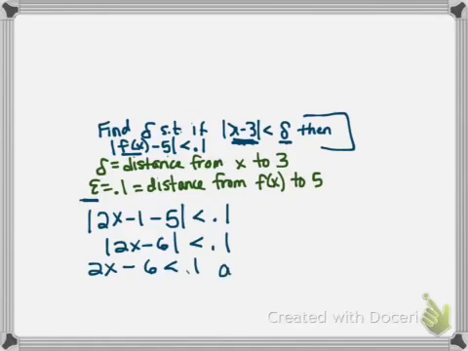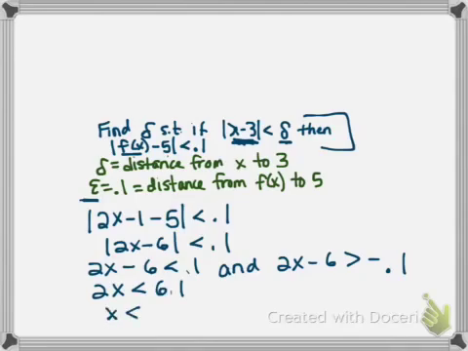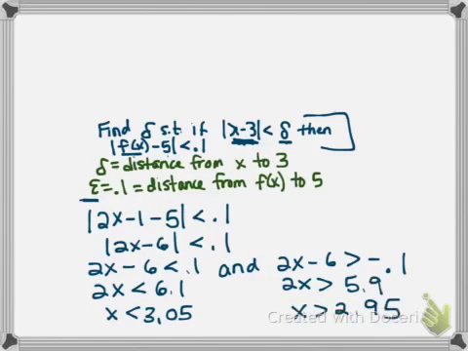If I just solve an absolute value inequality, remember this says 2x minus 6 is less than 0.1, and 2x minus 6 is greater than negative 0.1. If I solve each one of these, I get 2x is less than 6.1, which gives me x is less than 3.05. Over here, 2x is greater than 5.9, x is greater than 2.95, and I get the same exact answer because I'm comparing these to x equals 3.